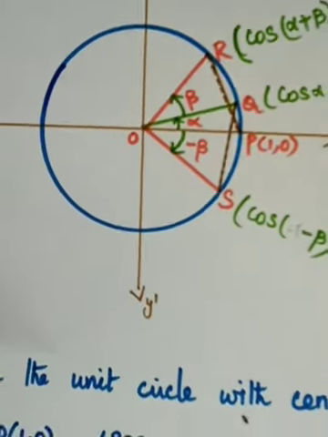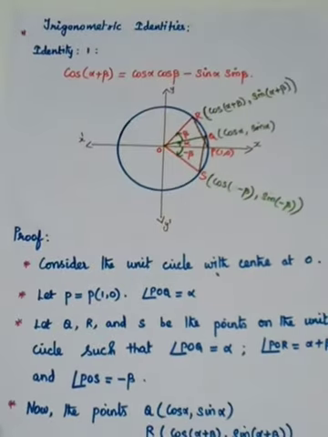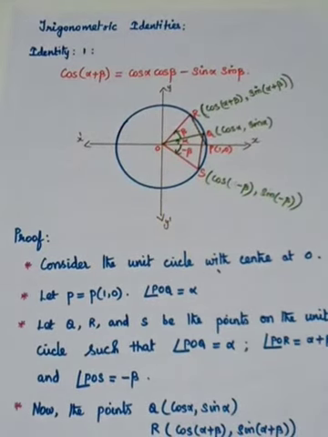In such a way we have taken the points Q, R, S on the circumference of the circle. You know very well, any point on the unit circle is cos theta, sin theta.